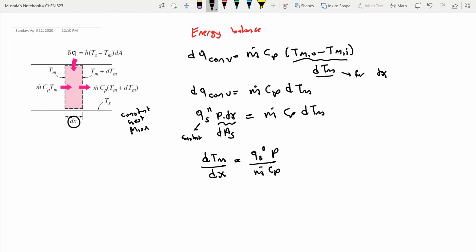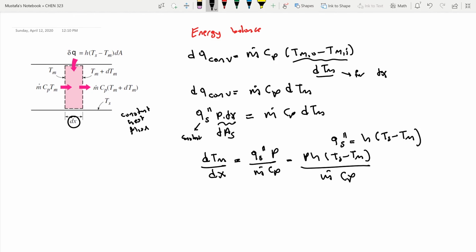If you want to write this constant heat flux in terms of h, it is h times the surface temperature minus Tm, the mean temperature. So you can write this as P h times Ts minus Tm, divided by mCp.